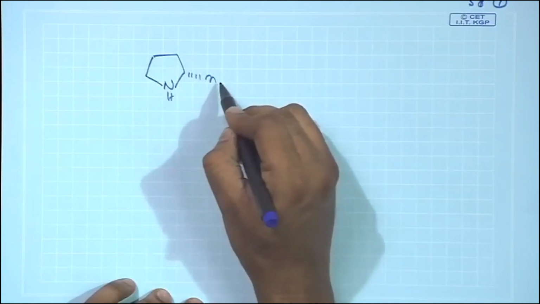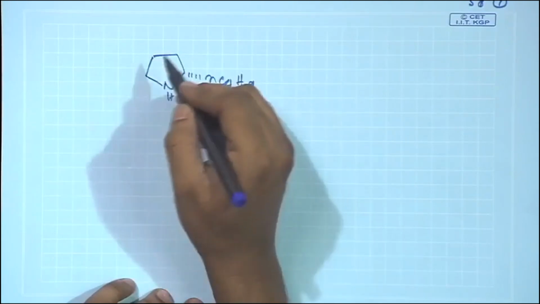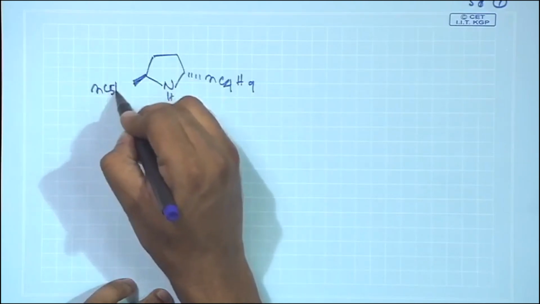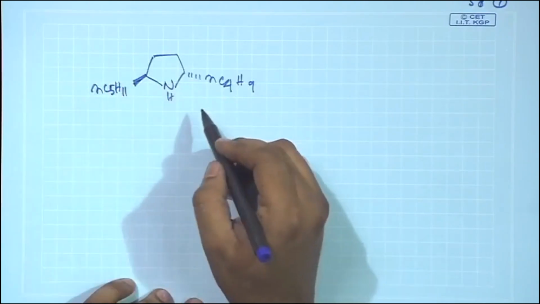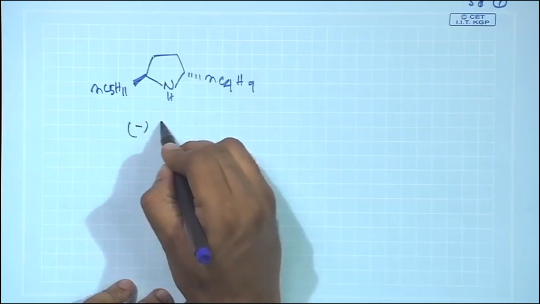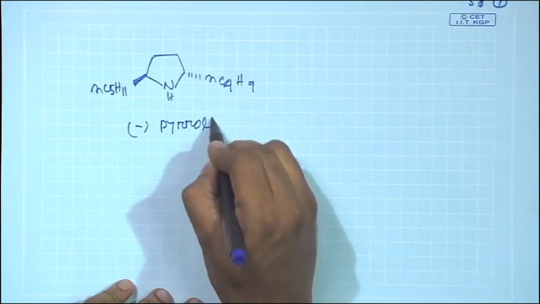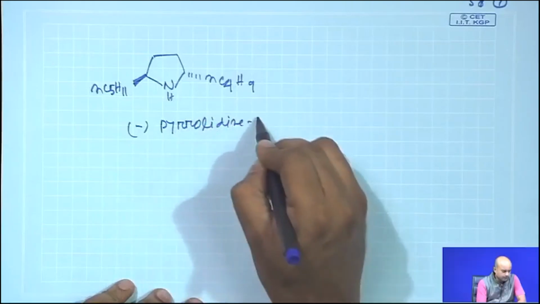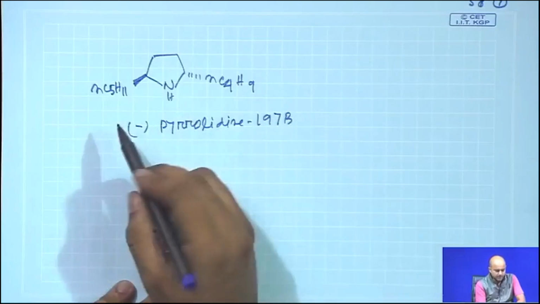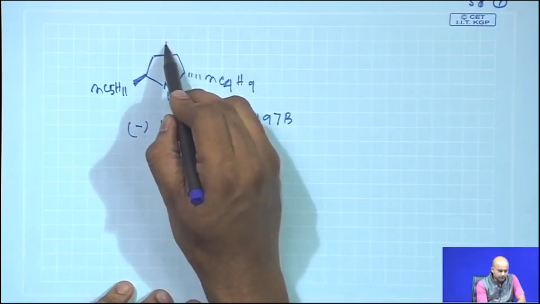This N-pyrrolidine compound, it looks like this compound is a natural product. Its name is pyrrolidine 197B.